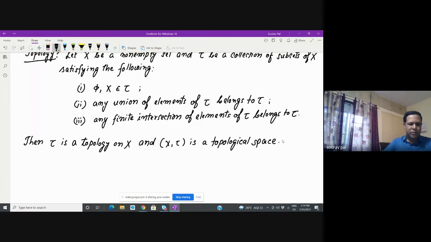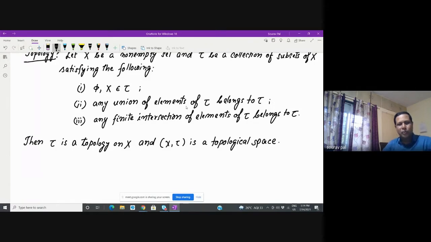So you just remember three things. The empty set phi and X are there. It is closed under arbitrary union: you take any union of elements from it, it belongs there. And it is closed under finite intersection. It satisfies these three properties.